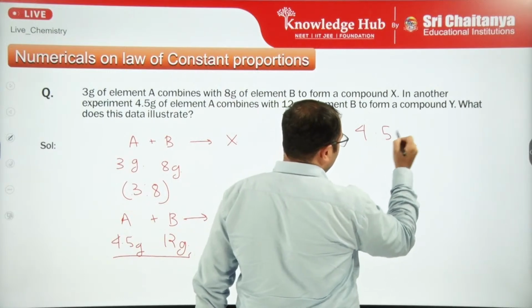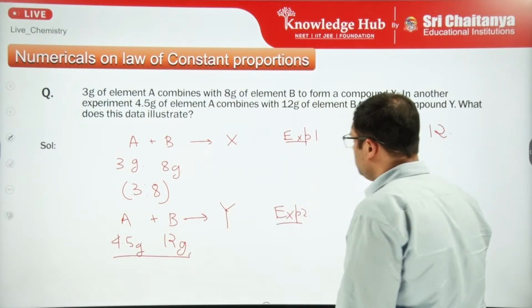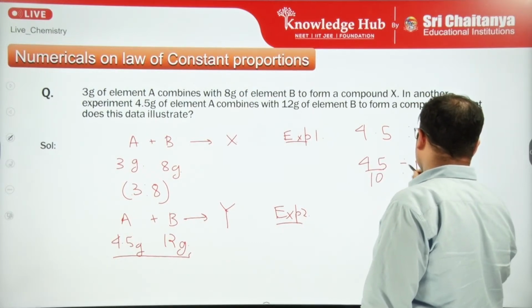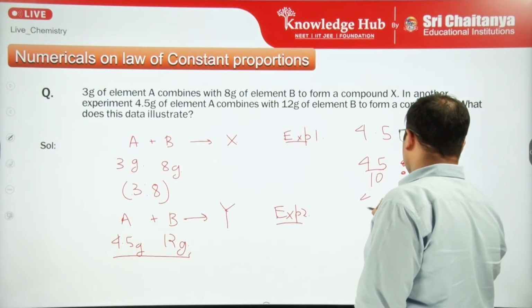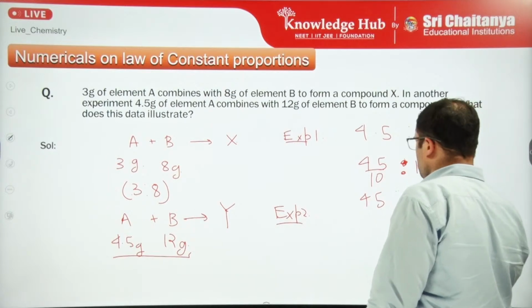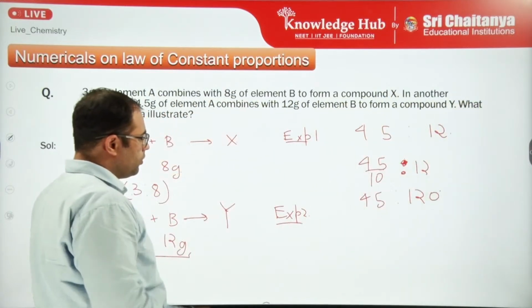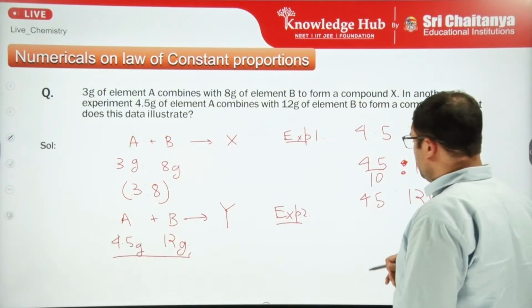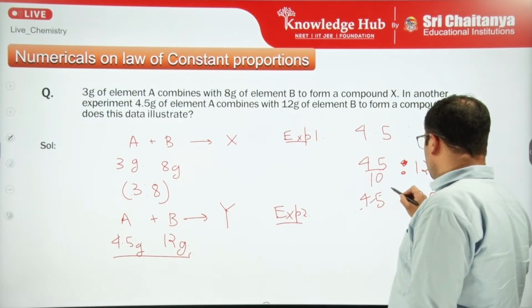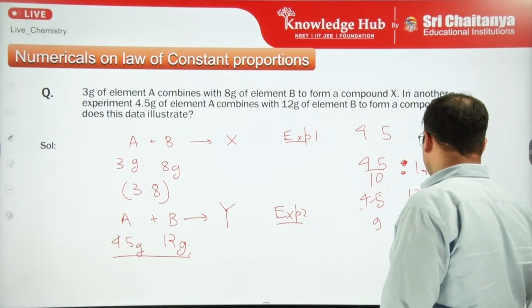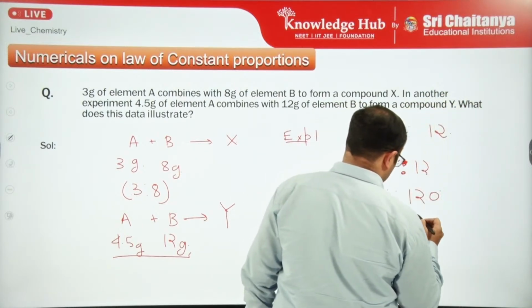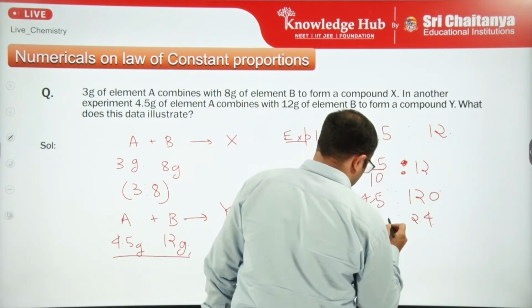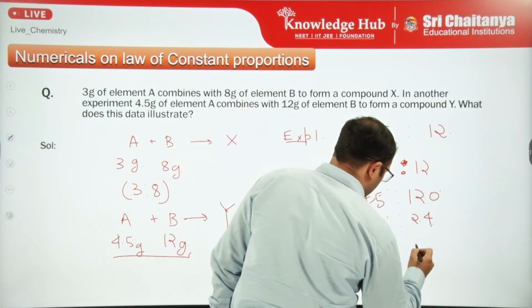So you have 4.5:12, right? So 4.5 is multiplied by 10, 12 is multiplied by 10, giving 45 and 120, which reduces to 3 and 8.